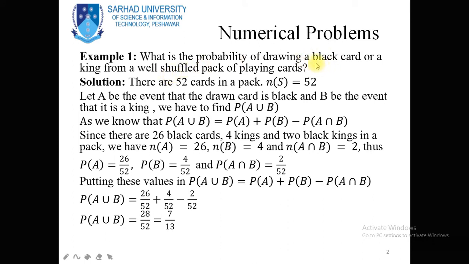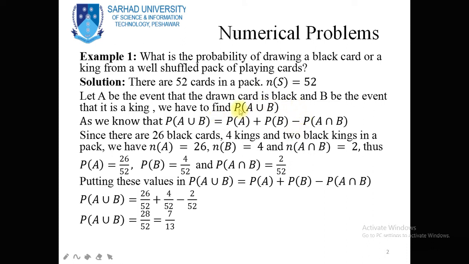Here we have the "or" option, so we use the union of the two events A and B. A is the event of our choice, that the card is a black card. B is another event, which contains our second choice, the king card. So we need to find the probability of A or B, and for the "or" option we use the union, probability of A union B.